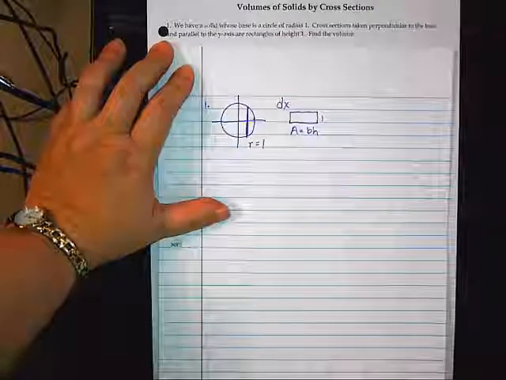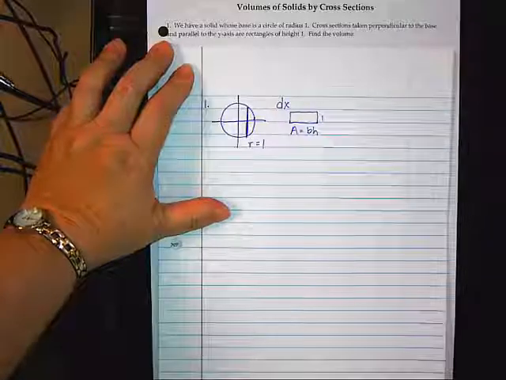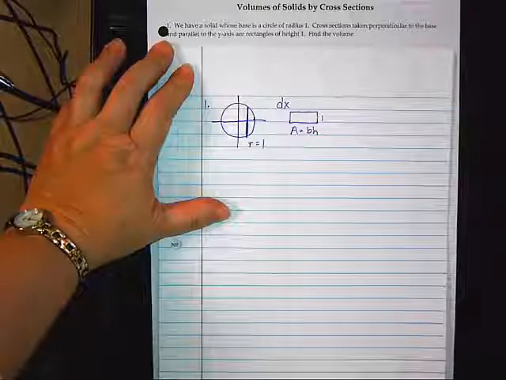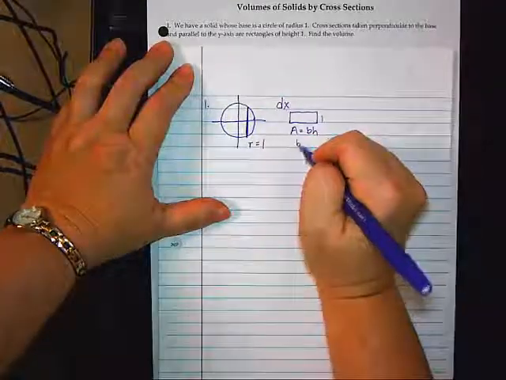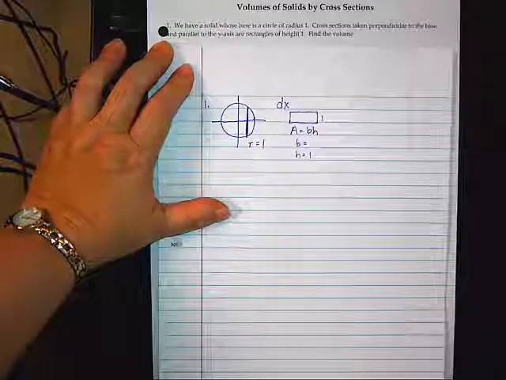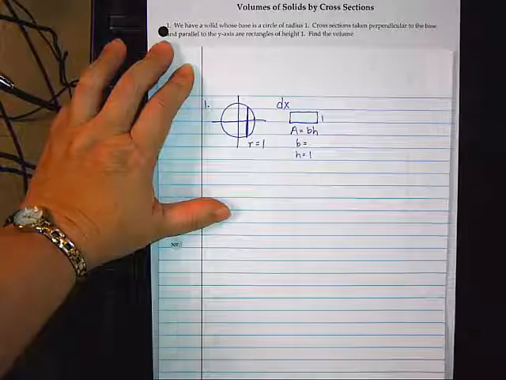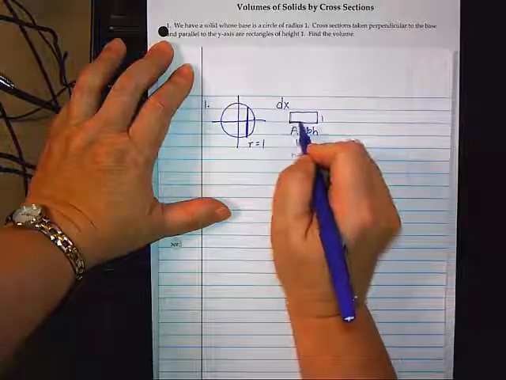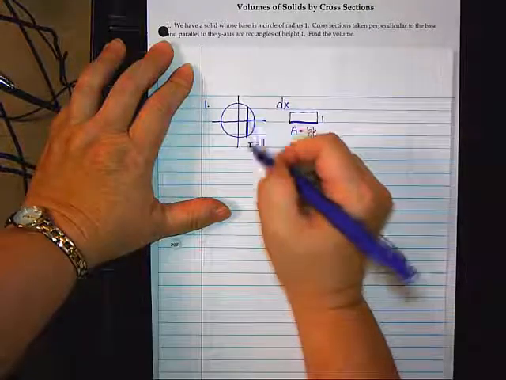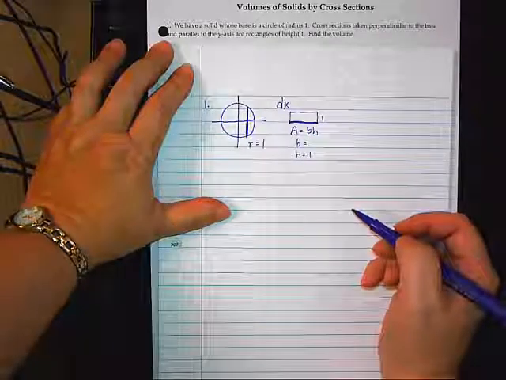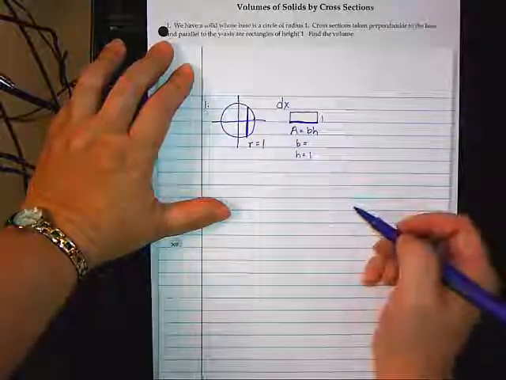Anytime they talk about a formula, use height because they're standing up anyway. Let's think of it that way. I know that the height is 1, so I'm going to write h equals 1, and it's 1 all the time. The base is the part that's sitting on the base. The base of the rectangle is sitting on the base of the circle.